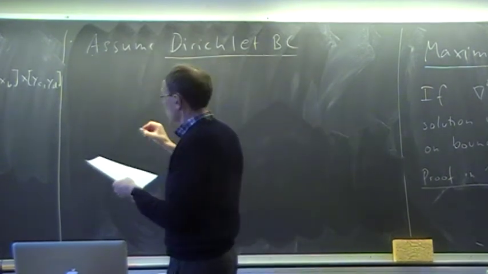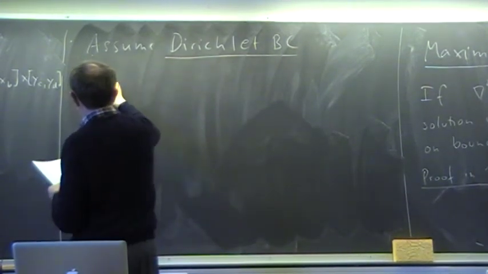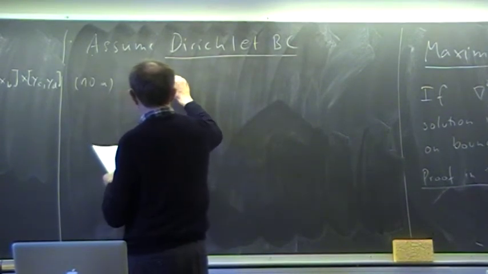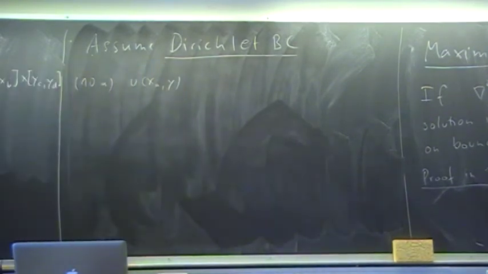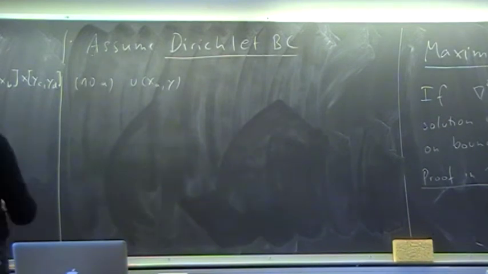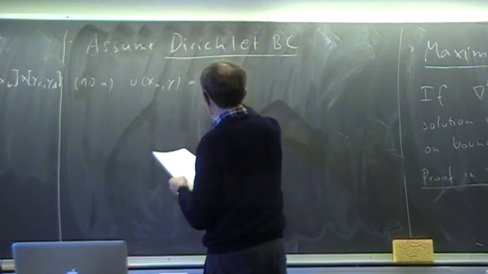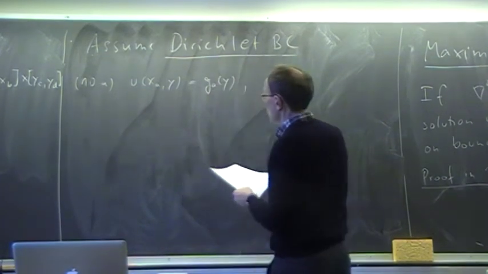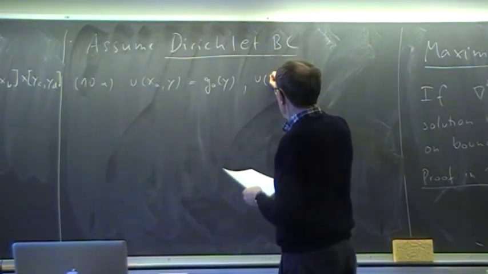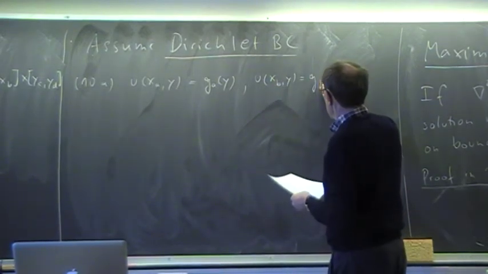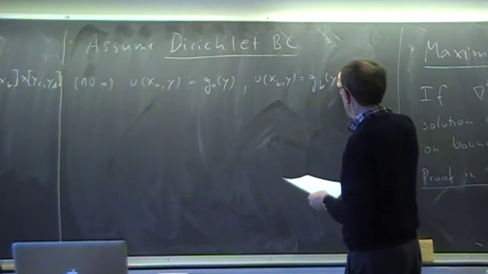And we can write it in the following form, that we say u of xA, y, along this boundary here, is equal to some given function gA of y. Likewise on the right, u of xB, y is given as some function gB of y.